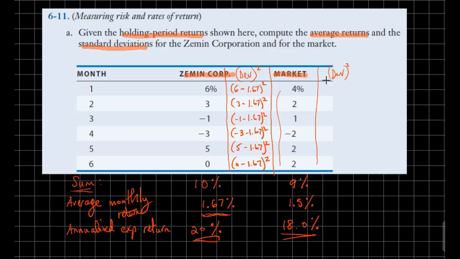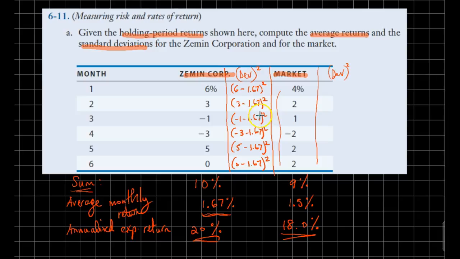Having done that, we simply add up these numbers. I will write down the end result with a different color here. Obviously 6 minus 1.67 would be 4.33. You square it, you get 18.75%. For the second row, you should get 1.77%.